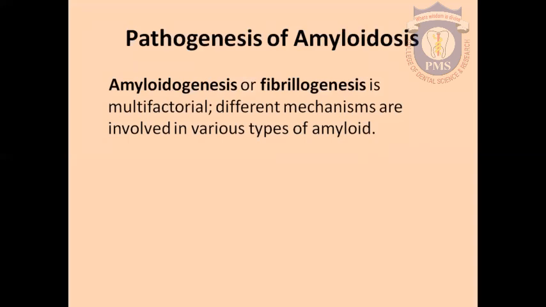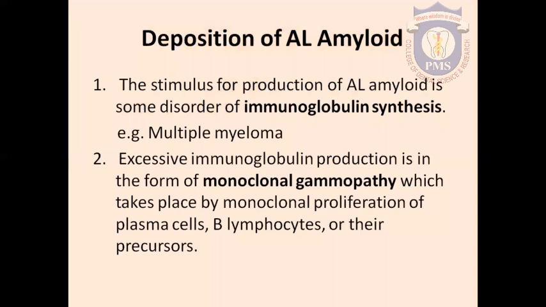Pathogenesis of amyloidosis. Amyloidogenesis or fibrillogenesis is multifactorial. Different mechanisms are involved in various types of amyloid. Deposition of AL amyloid. The stimulus for production of AL amyloid is some disorder of immunoglobulin synthesis.